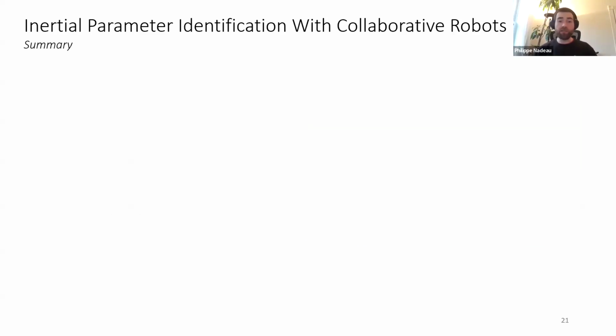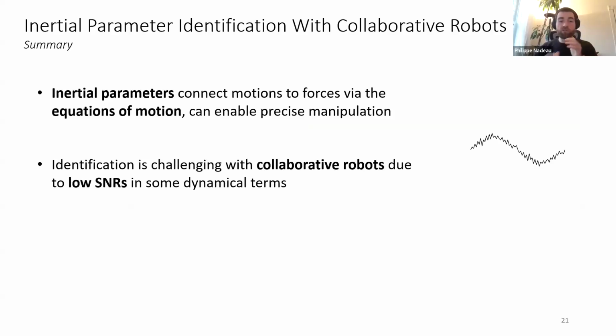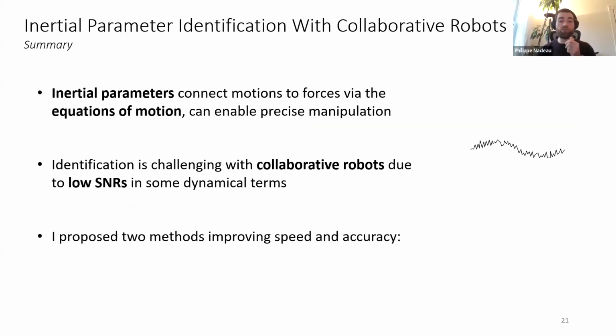So in summary, identifying inertial parameters is important because they connect kinematics and dynamics through the equations of motion and can therefore enable precise object manipulation. With collaborative robots, this can be challenging, and I proposed two methods to improve the accuracy and identification speed.